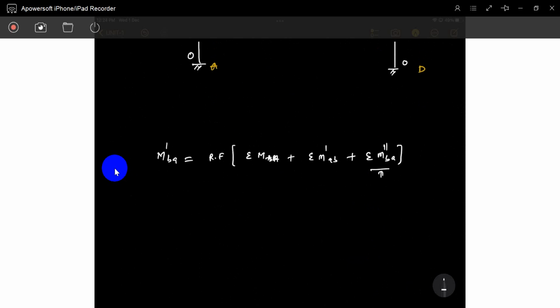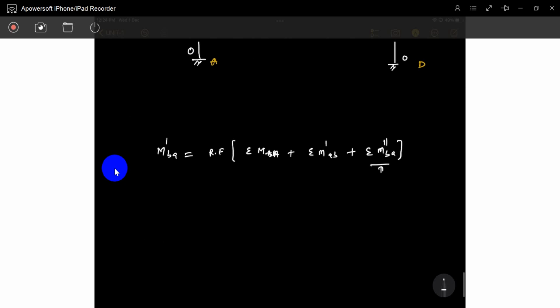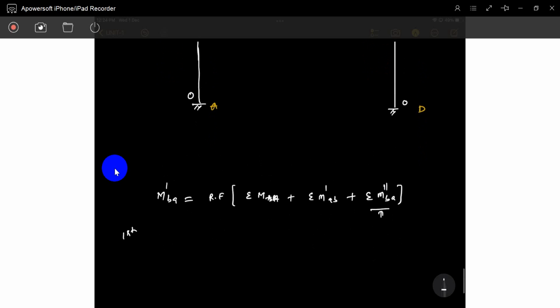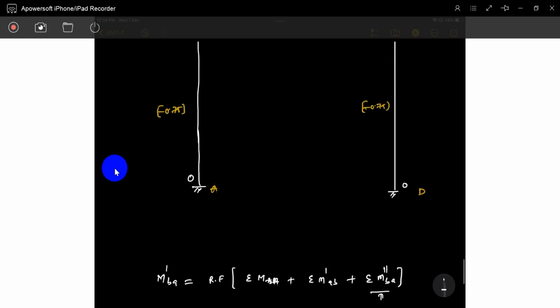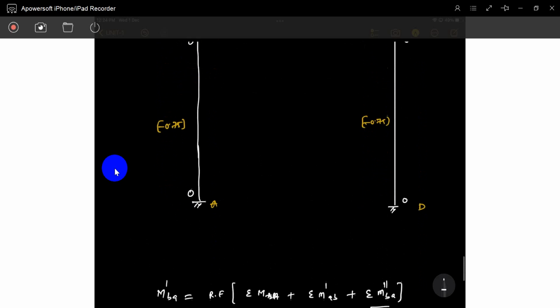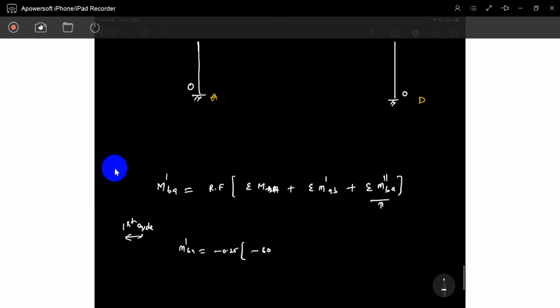Okay, so see how we will solve. First thing you have to take care of: first cycle. Take it as MBA. What is the sum? The rotational contribution is minus 0.25. The sum of the fixed end moments is minus 60.